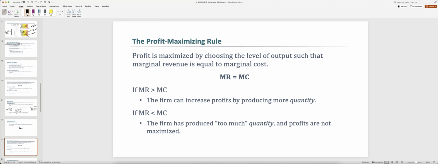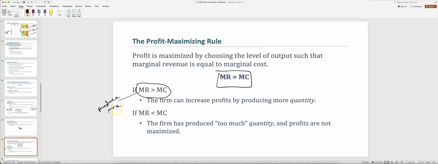So the question would be, what would happen? If we know this is our goal, where the two are equal, what would we say in these situations? If I sold one more and I brought in more additional revenue than the costs were going out the door, then this firm would likely produce more, right?